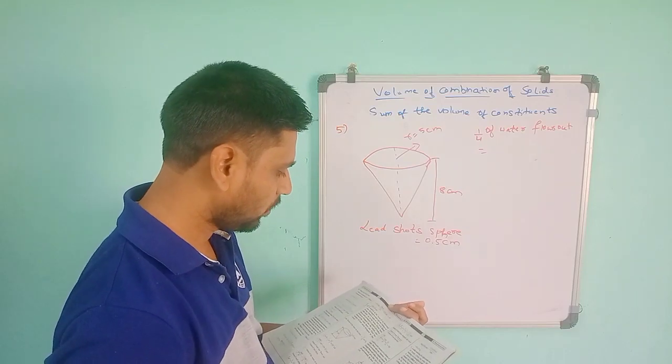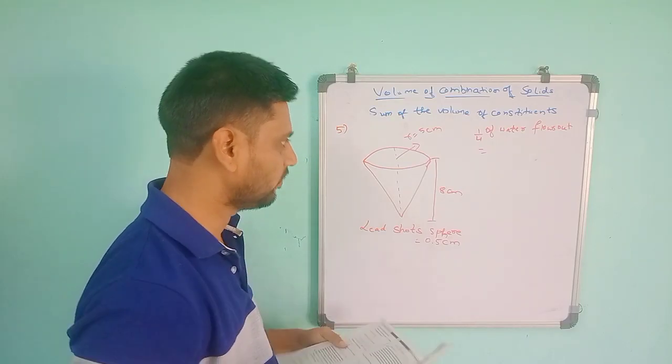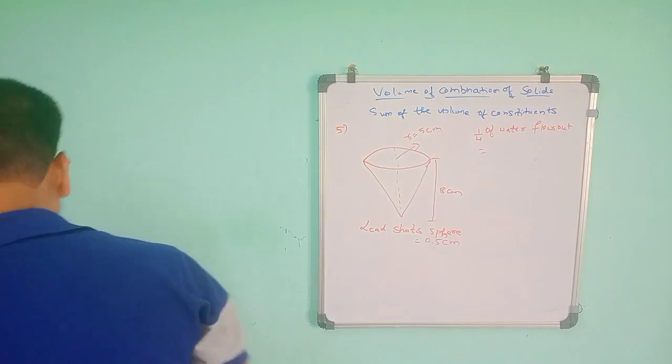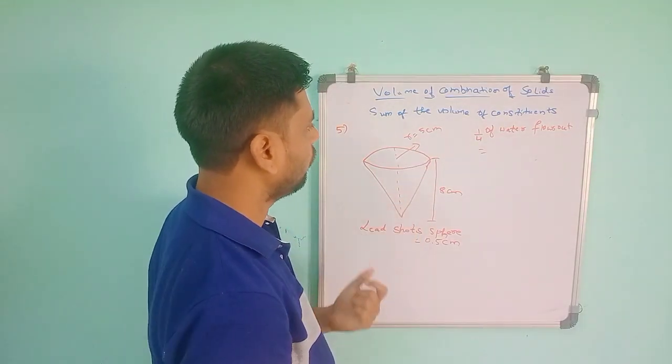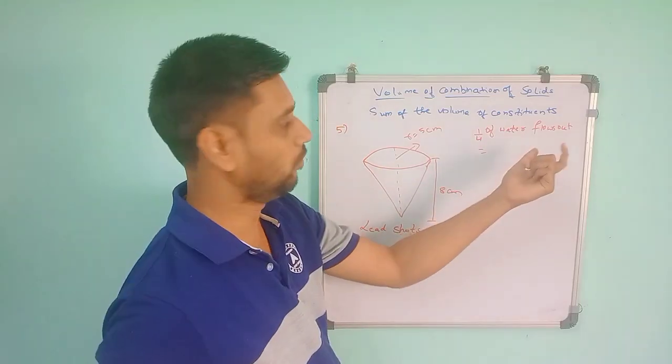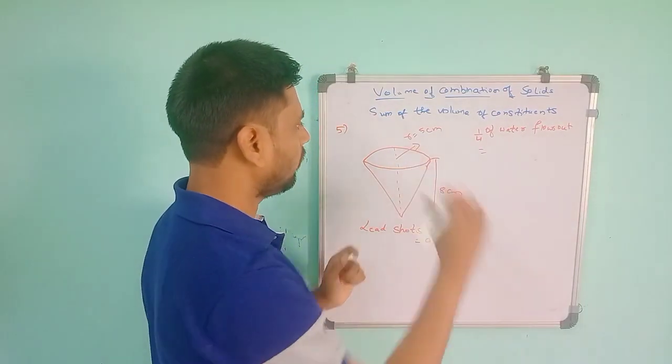Then find the number of lead shots dropped in the vessel. So in this cone, some lead shots are dropped in the vessel, and because of that, 1/4 of the water flows out. So how many lead shots are dropped in the vessel?